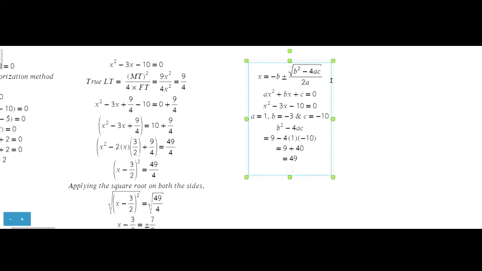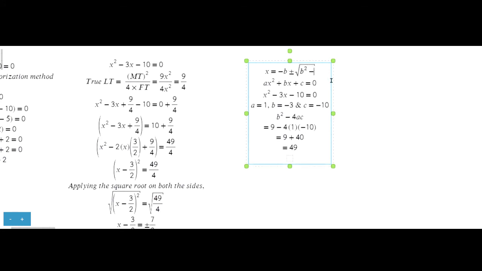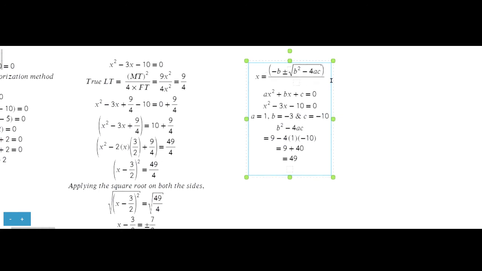So let us modify this. Minus b plus or minus square root of b square minus 4ac, divided by 2a. It should be like this.